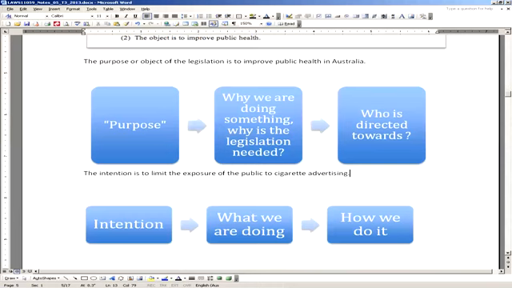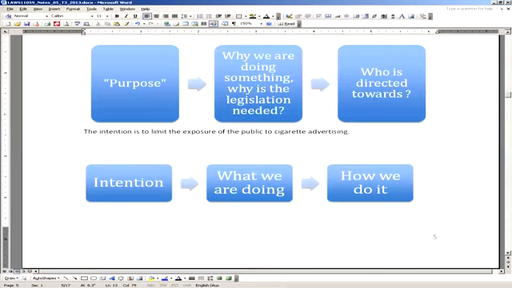You might, but the tendency would be for a judge just to ask the first question and then to look for something that is tangible, so a second reading speech, an explanatory memoranda, etc., that articulates the first question. Whereas the academic approach is to say the purpose, why, and then to ask that's really a factual question. Why then are we doing something, and who is it directed towards? The intention, what are we doing, and how are we doing it?